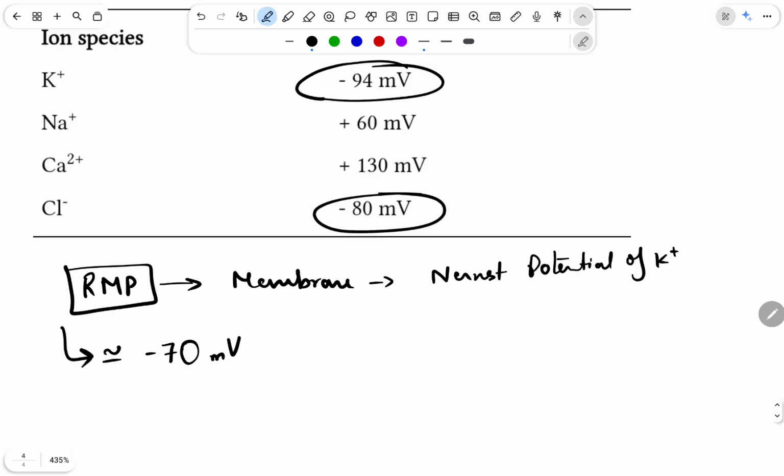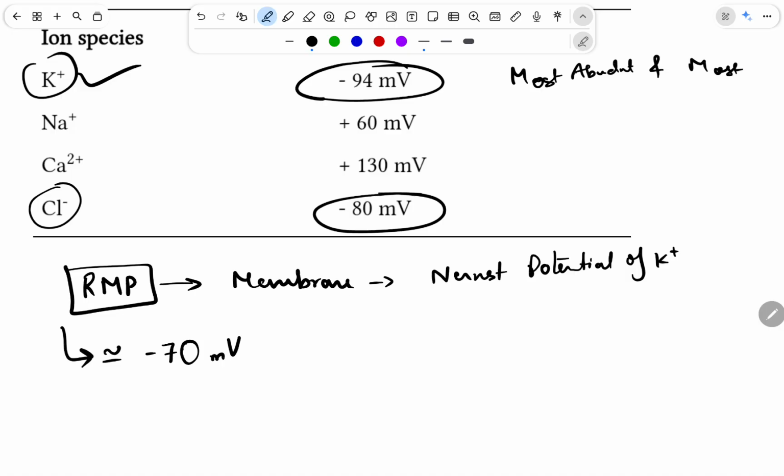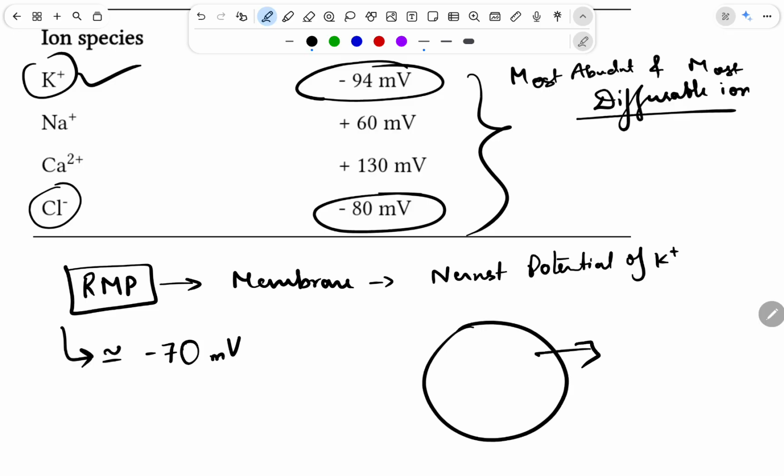Among chloride and potassium, potassium is the most abundant and most diffusible ion. Among all of this, the most diffusible ion is potassium, which is the first ion to start the establishment of membrane potential by moving out of the cell.